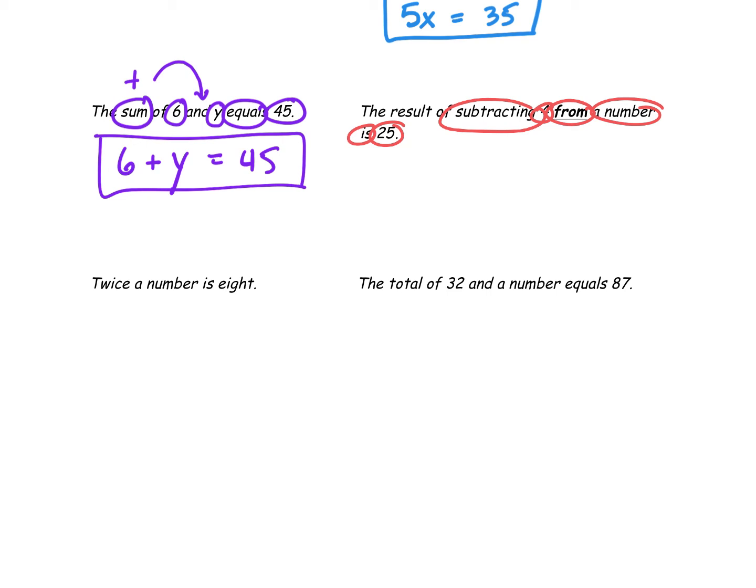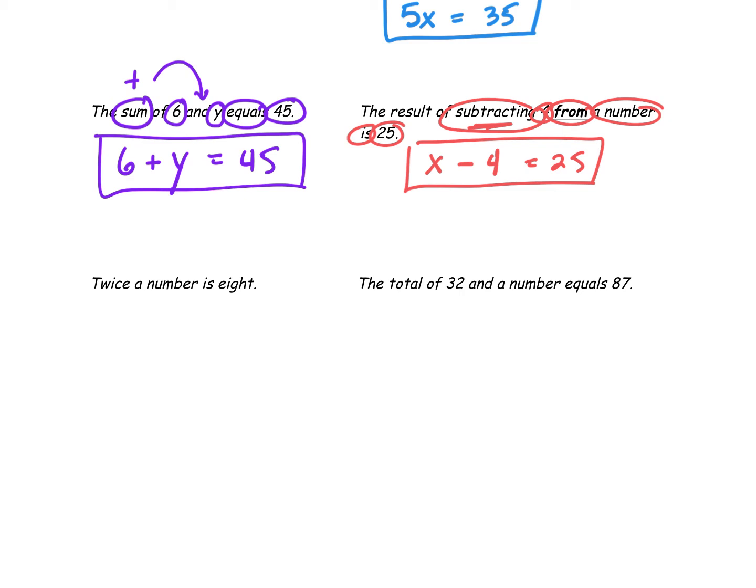So the order is important here. I'm taking 4 away from a number. So we're subtracting, but this is not anything that's going to be in order. So I'm going to have to start with a number, what we've been using, x, and I'm taking 4 away from it. And that is going to equal 25. So our equation is x minus 4 equals 25.